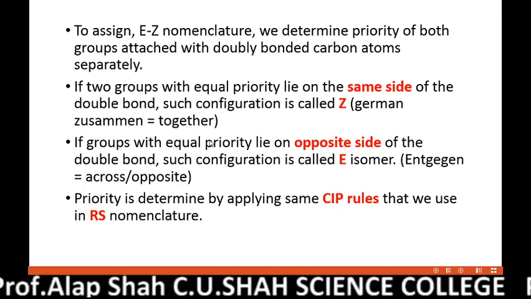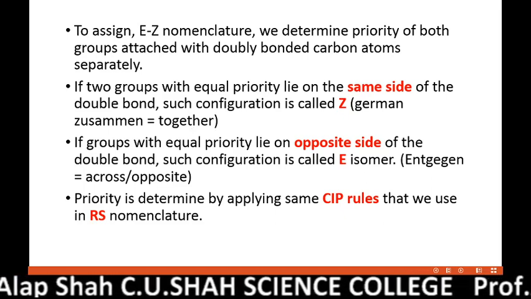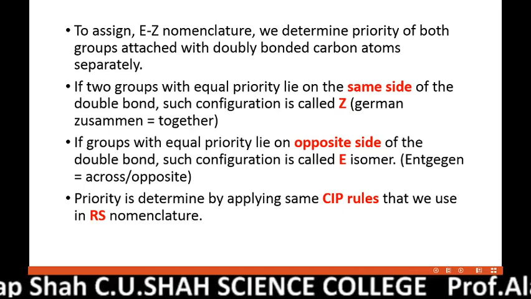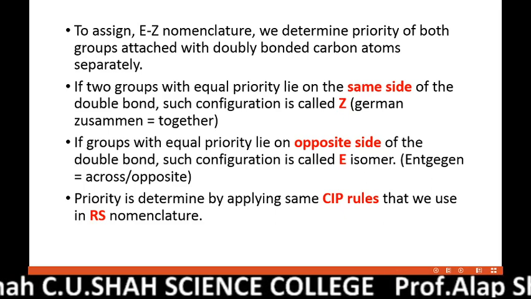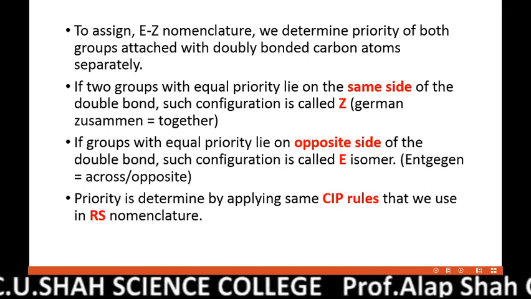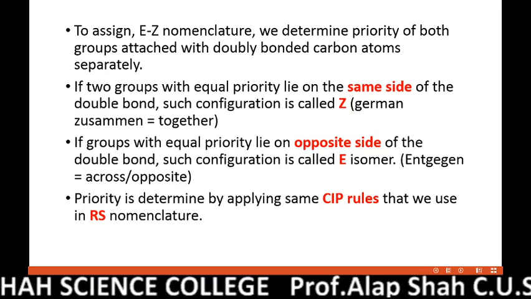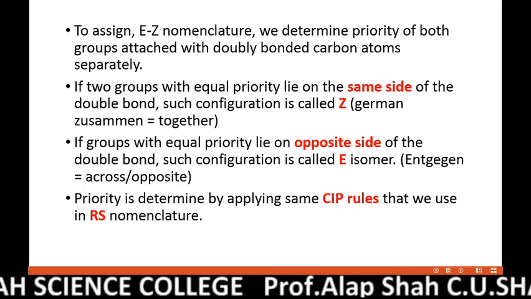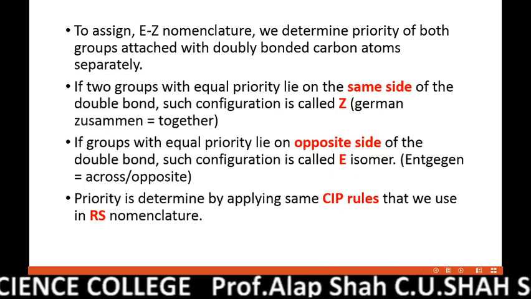So it makes sense: both first priority groups are at the same side, together they are. Similarly, if both first priority groups and both second priority groups are opposite, then that isomer or that configuration is called E, Entgegen, its meaning is opposite.